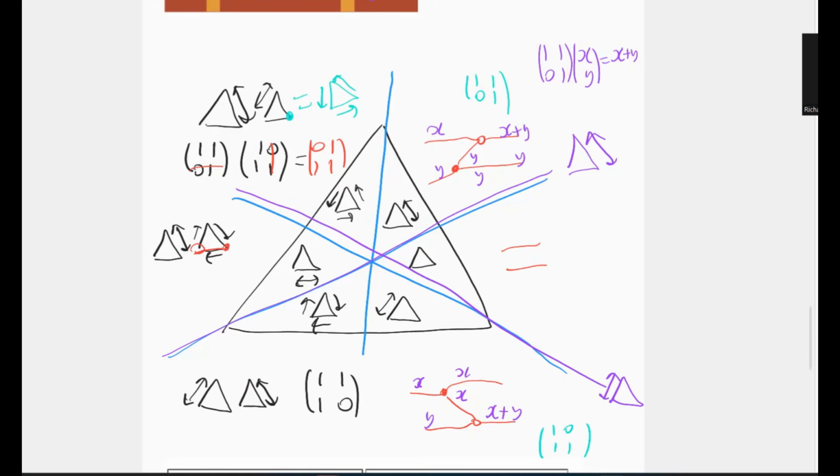But let's calculate this using the matrices now. So we want this vector dotted with this vector.